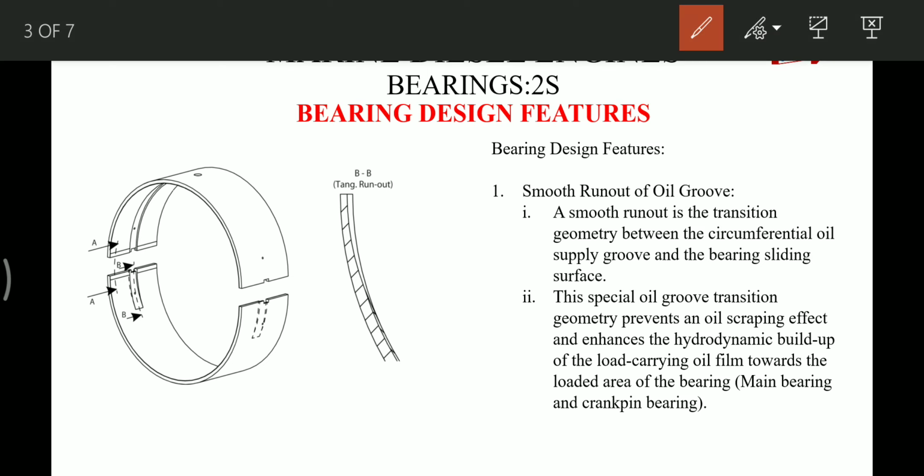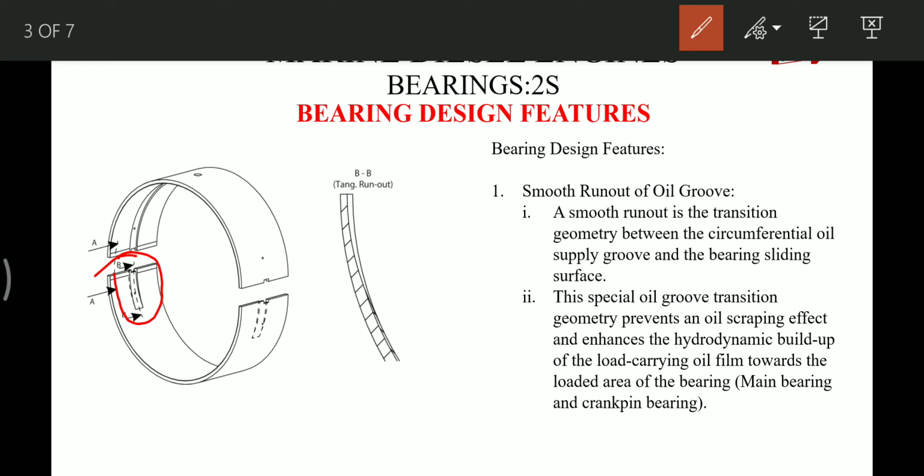So the first design feature is smooth runout of oil grooves. A smooth runout is a transition geometry between the circumferential oil supply grooves and the bearing sliding surface, mostly this region. This special oil groove transition geometry prevents an oil scraping effect and enhances the hydrodynamic buildup of the load carrying oil film towards the loaded area of the bearing.